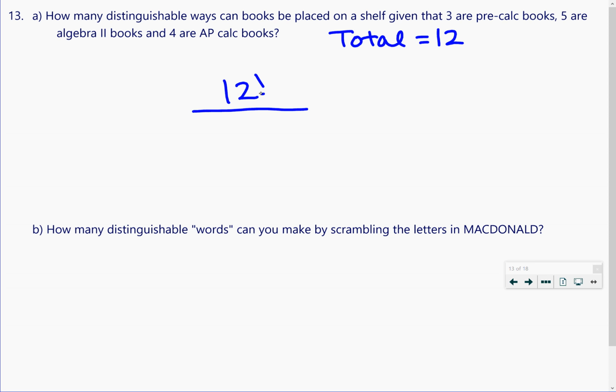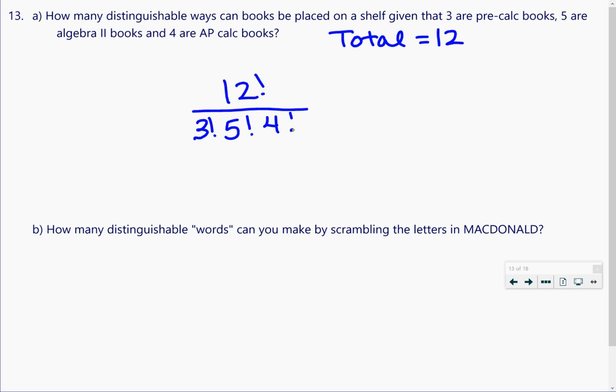But we have certain books that are exactly the same. I have 3 pre-calc books that look exactly the same. So what do I divide by to adjust for all those that will be in the same setup? 3 factorial for the pre-calc books, 5 factorial for the Algebra 2 books, and I have 4 of the same AP Calc books.